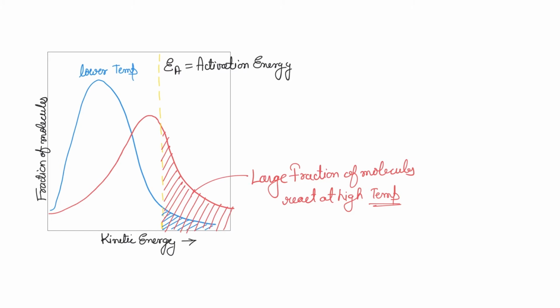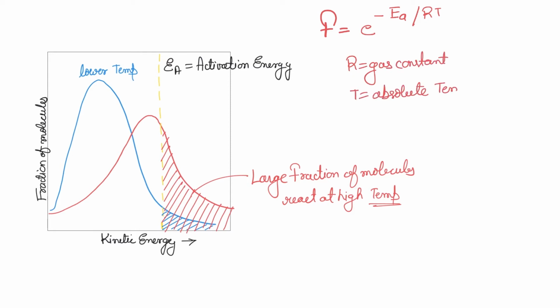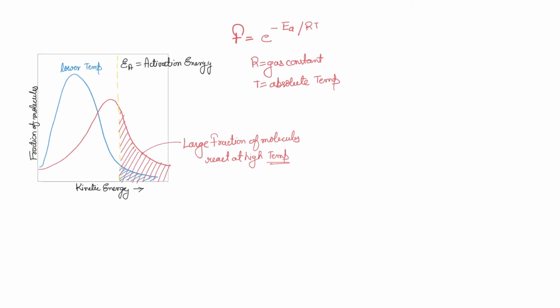Now, if we want to find out the fraction of molecules that bear the energy equal to EA or higher, then we'll use the equation f = e^(-EA/RT), where R equals the gas constant and T is the absolute temperature. So f gives you a rough estimate of the fair number of, or effective, collisions that is going to happen. And obviously that is going to affect the rate constant. I hope you remember that. If you don't, there's a separate video for that.